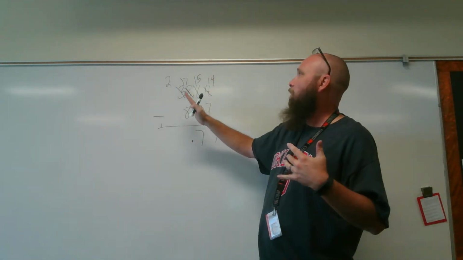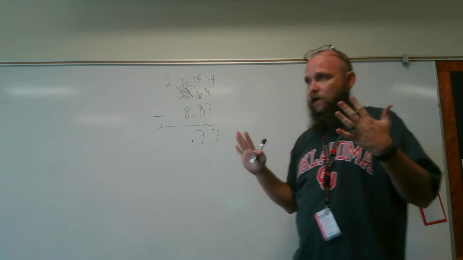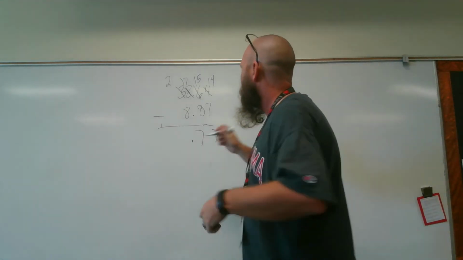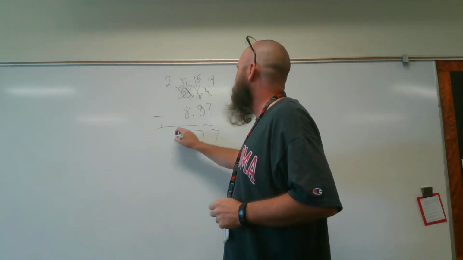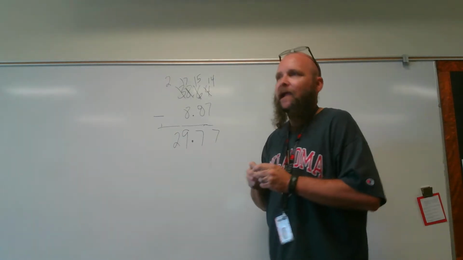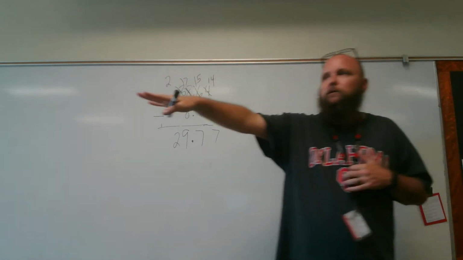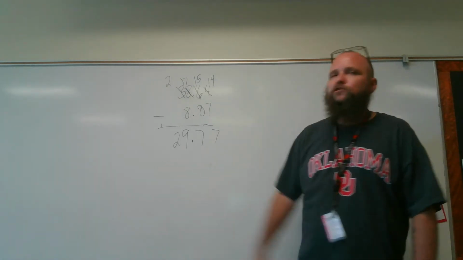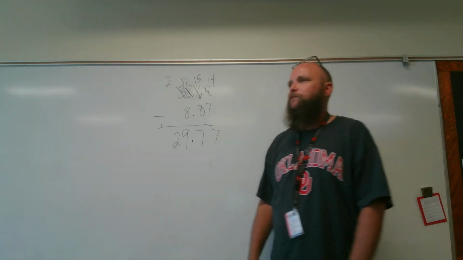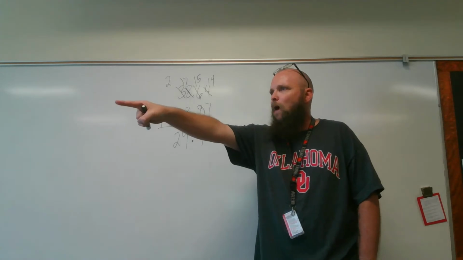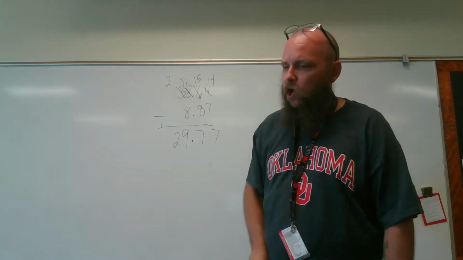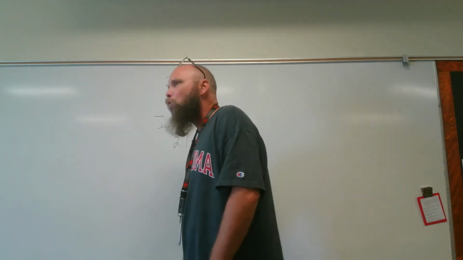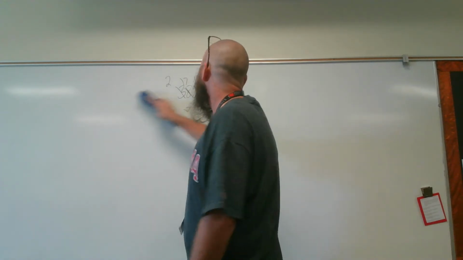And 17 minus 8 is 9, right? Good. And I still have those 2 $10 bills. So Sophia's estimate was around 30, and our actual answer is 29 and 77 hundredths. Boom, shakalaka. Sophia's brilliant.